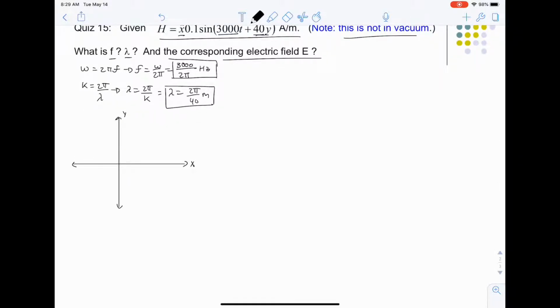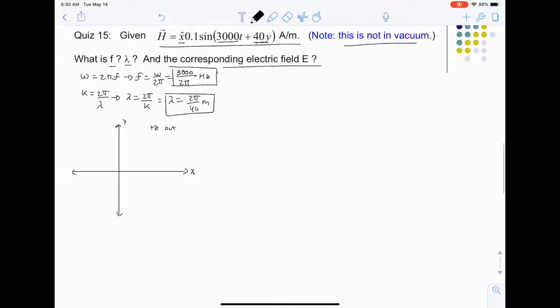And use the right-hand rule for axes, which is our right thumb points to the right, which is our x. Our index finger points up, which is our y, and our middle finger points towards us, which is our z, so the positive z direction. So that being said, positive z is out of the board.